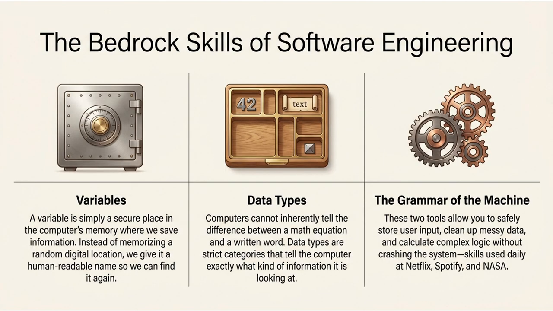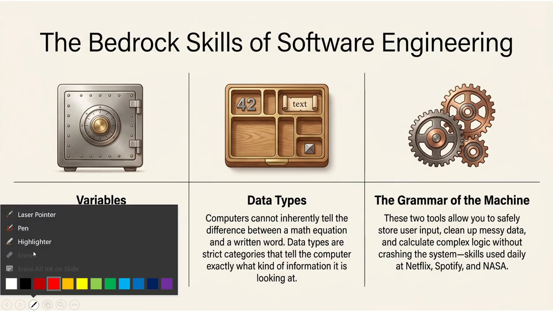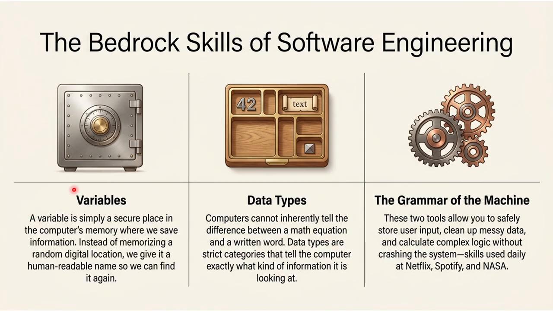So the first thing we have on the screen is variables, data types, and Python. If you see over here, we have variables. So what is a variable? A variable is simply a secure place in the computer memory where we save information. Instead of memorizing a random digital location, we give it a human readable name so we can find it again.